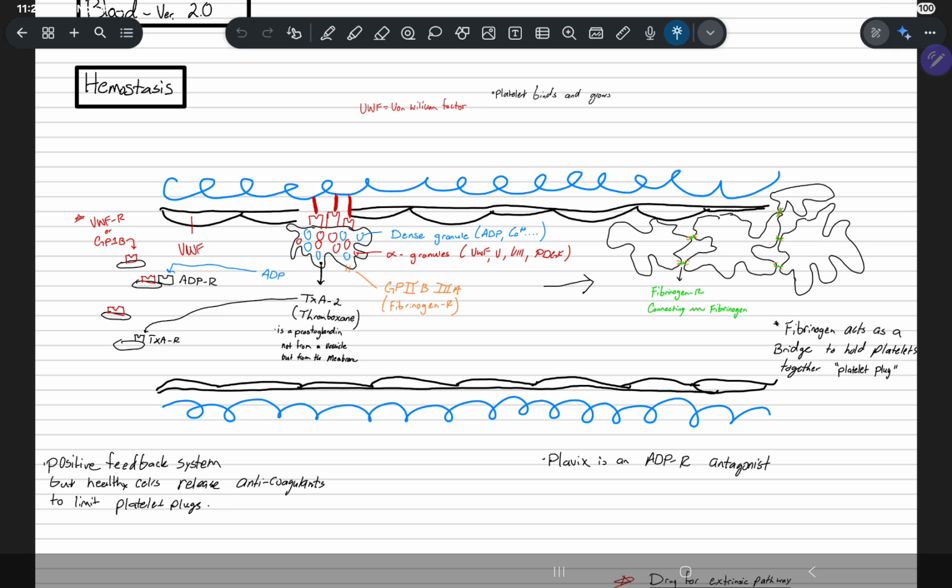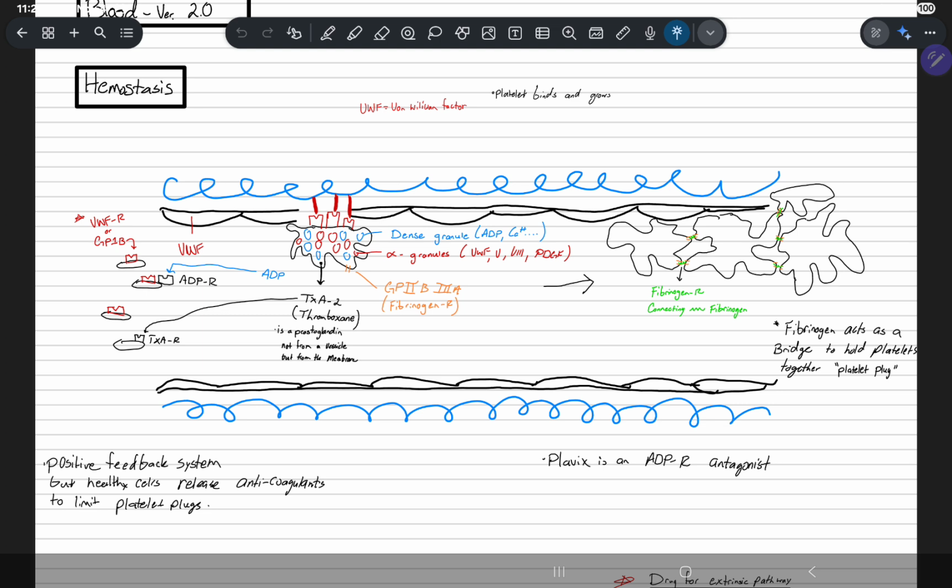The alpha granules in the platelets release more von Willebrand factor, fibrinogen, and platelet-derived growth factor, the PDGF. Then the dense granules release adenosine triphosphate, calcium, and serotonin.